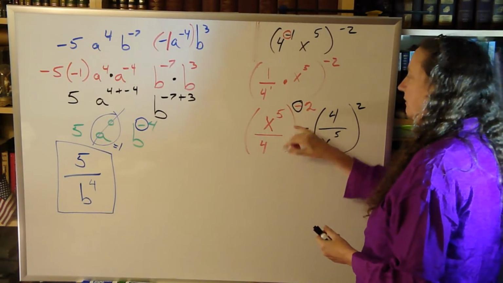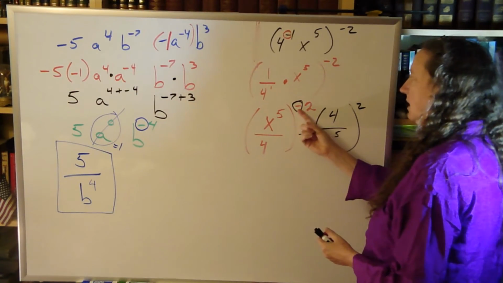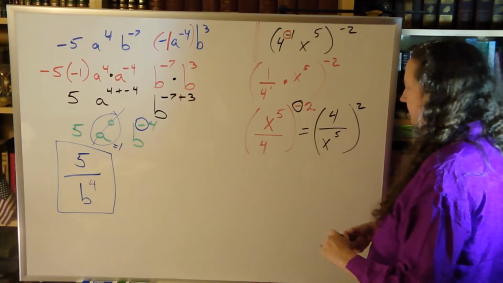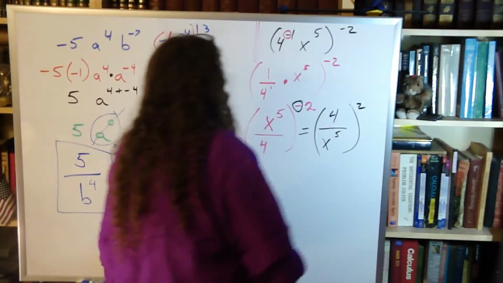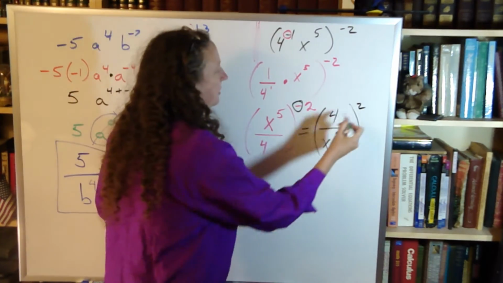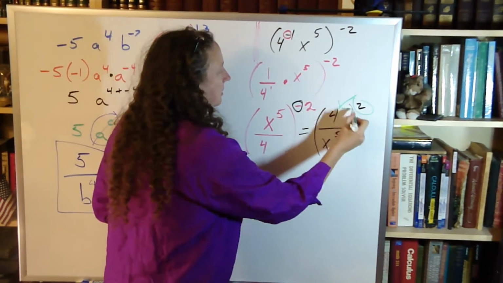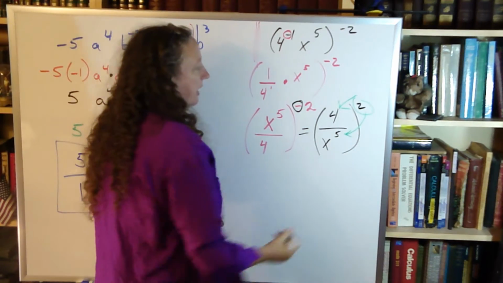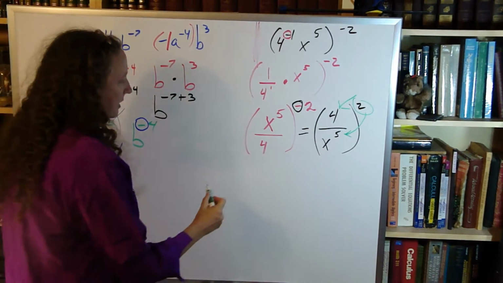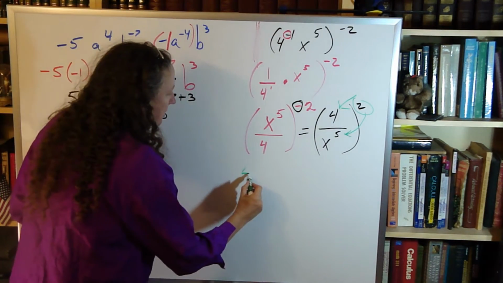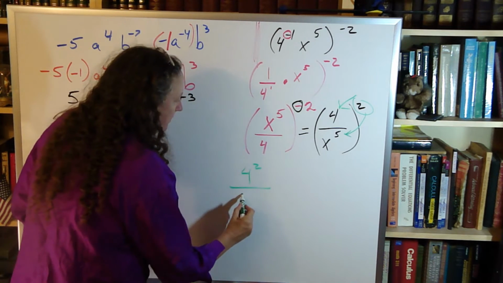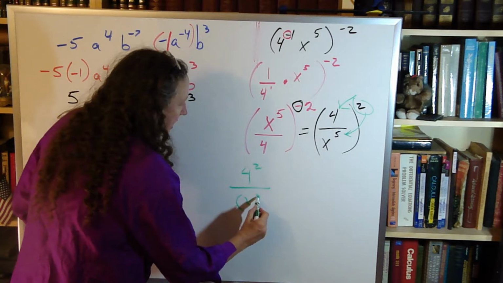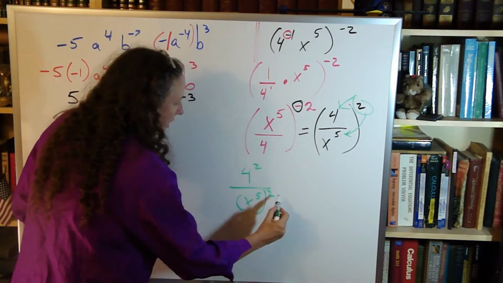So all I did was flip the fraction over and get rid of that negative sign. Now I am going to distribute that 2 into there. So this is giving me 4 squared over x to the 5 squared.